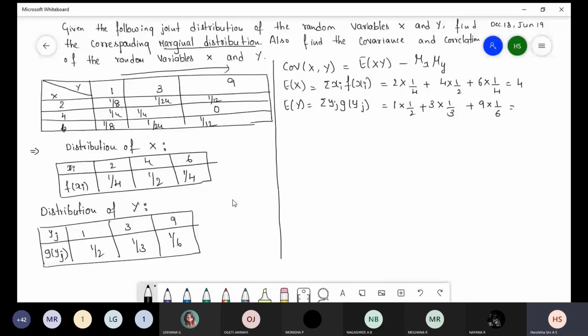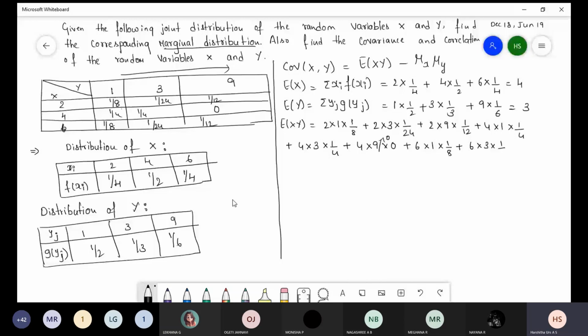Now E of XY is x1 into y1 into J11 plus x1 into y2 into J12 plus x1 into y3 into J13 plus x2 into y1 into J21 plus x2 into y2 into J22 plus x2 into y3 into J23 plus x3 into y1 into J31 plus x3 into y2 into J32 plus x3 into y3 into J33.